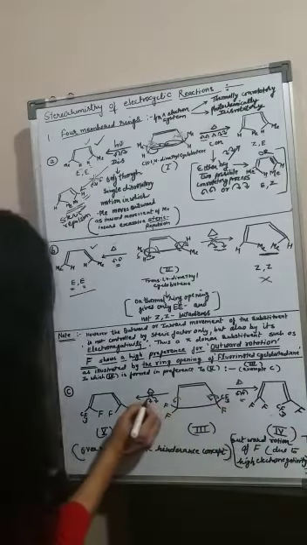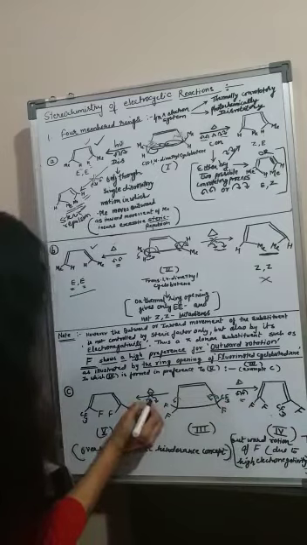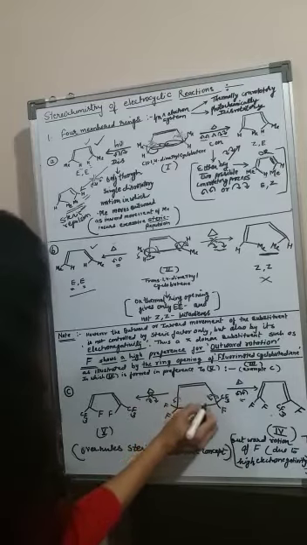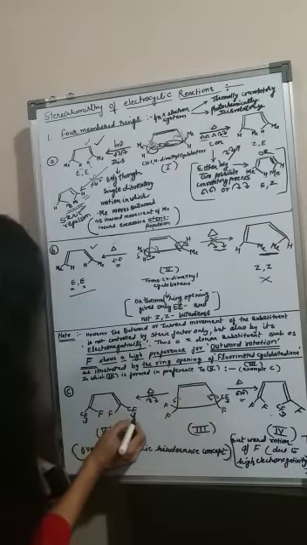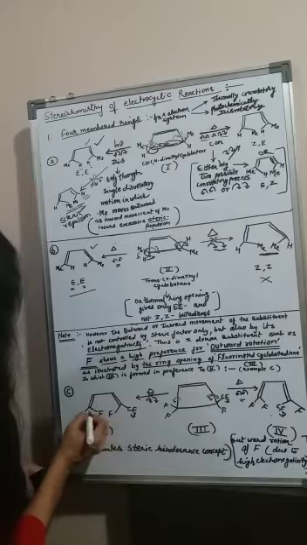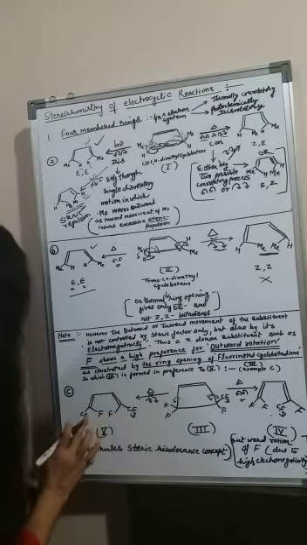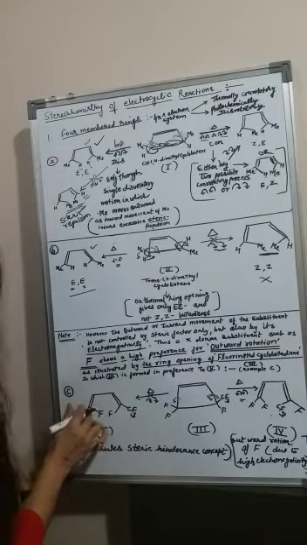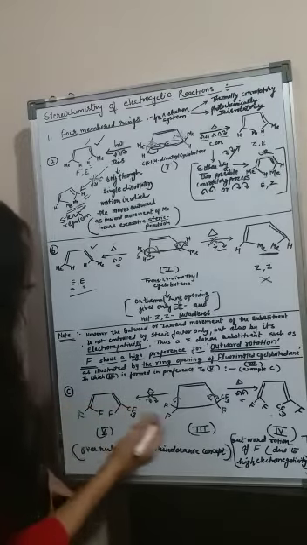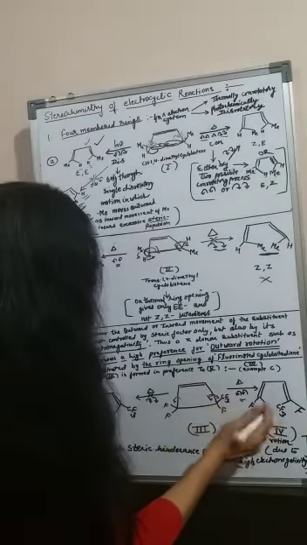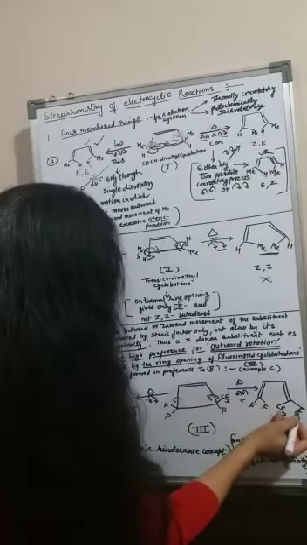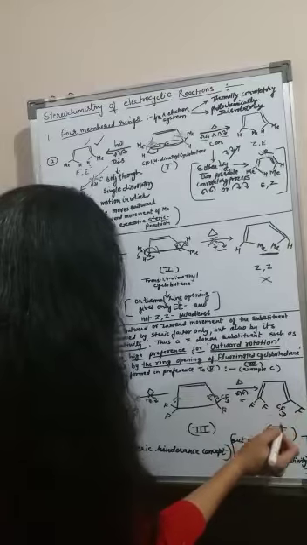In this process, if we see the other possibility of the conrotatory process, both are moving clockwise, then CF3 is moving outward and F is moving inward. Here both are F only, so there is no difference. Only this product, where CF3 is moving inside and fluorine is moving outward, will predominate.